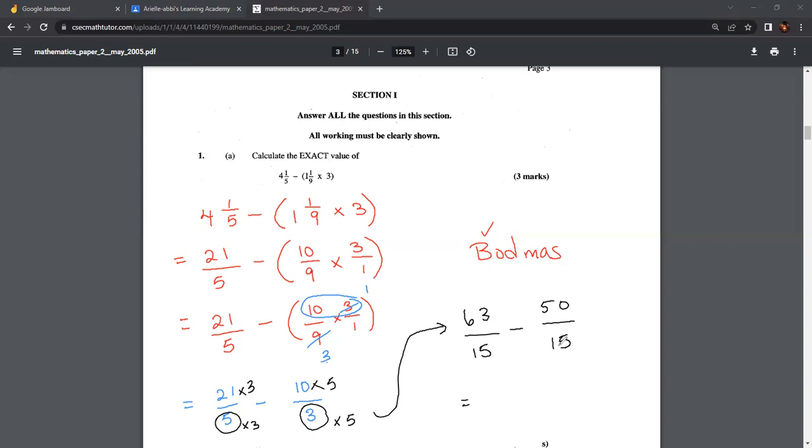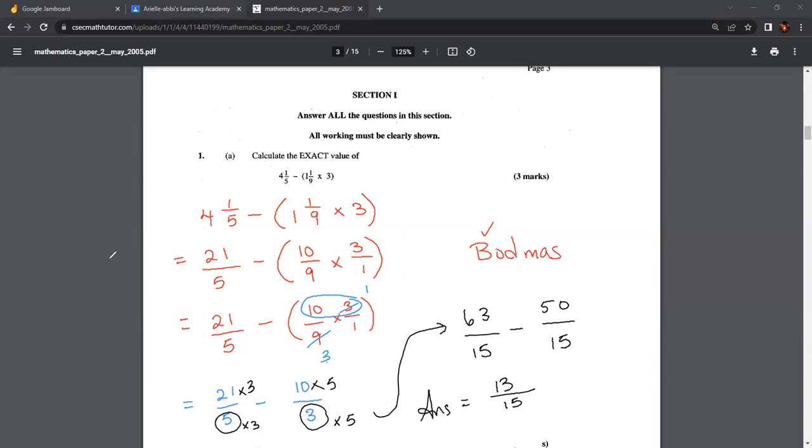Now that my denominators are the same, I can just subtract my numerators. My denominator stays the same. So I could use my calculator, 63 minus 50. I got 13 over 15. So that's my answer.